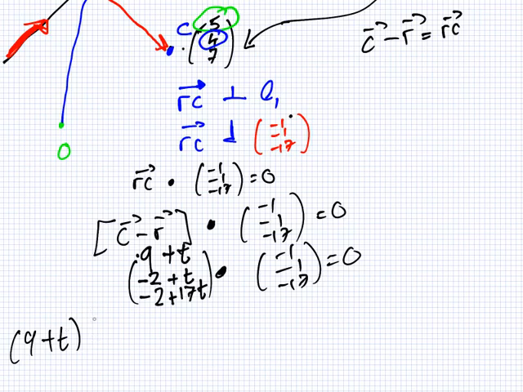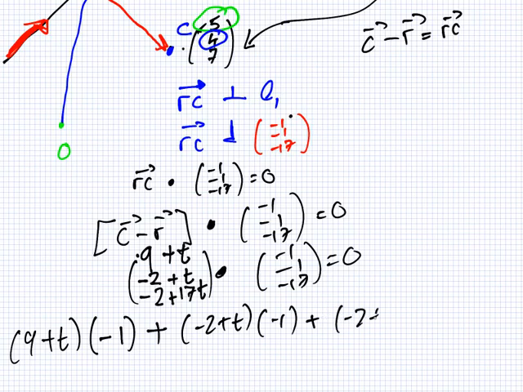9 plus t times minus 1, plus minus 2 plus t times minus 1, plus minus 2 plus 17t times minus 17 equals 0. Now, I don't have time to finish it, but just answer me this. Could I get t from this?